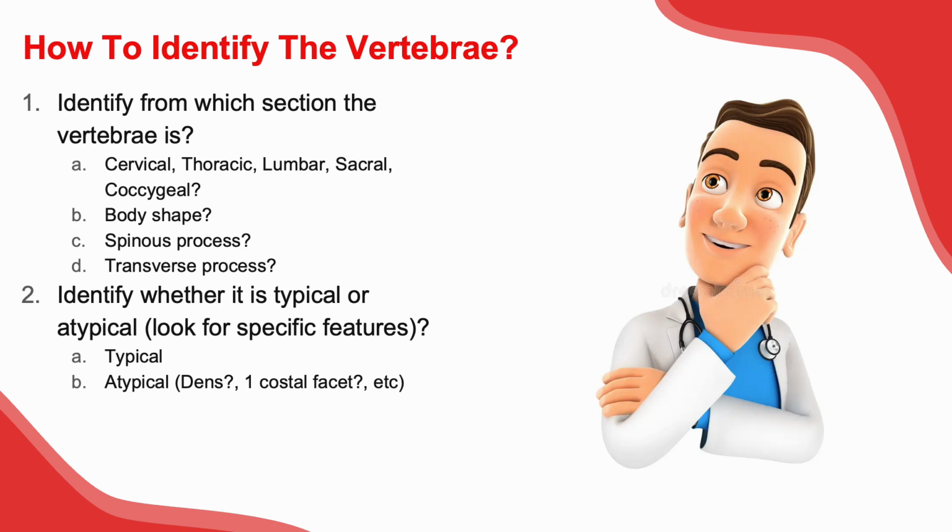Is it cervical, thoracic, lumbar, sacral, coccygeal? What is the shape of the body? The spinous process, the transverse process? And you should identify whether it's typical or atypical. Does it have any specific features that make you think, okay, this has a dens, and the only vertebra that has a dens is C2, so this is a C2 vertebra, and so on.